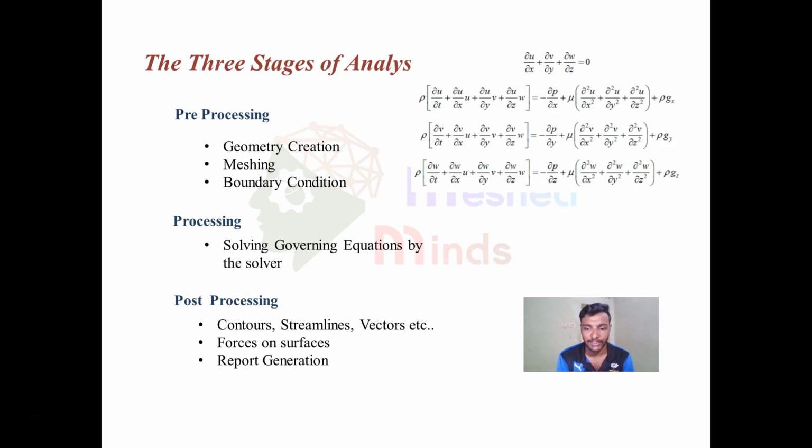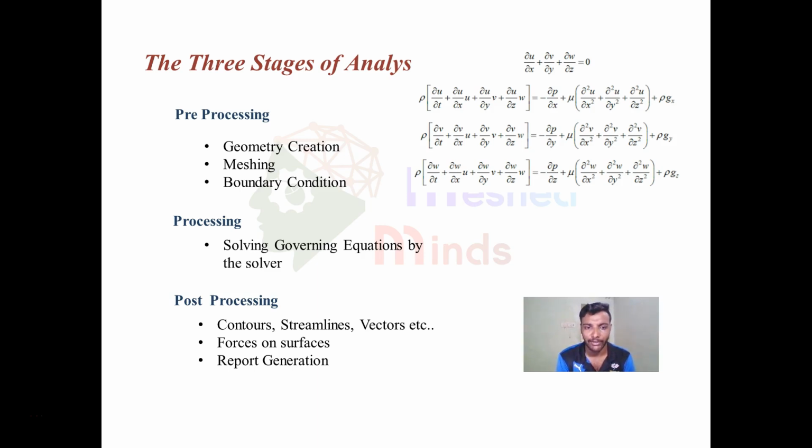So meshing is a process of discretization where you'll be breaking the whole solid or whole domain into many smaller elements. So this is actually done to reduce the degrees of freedom from infinite to finite, and that is why this is being called as finite element analysis or finite volume analysis, however it is going to be carried out.